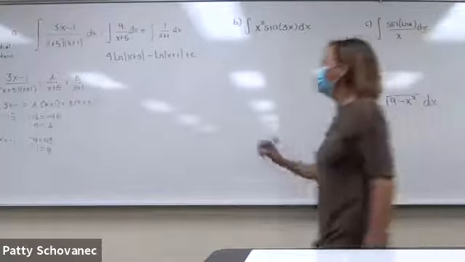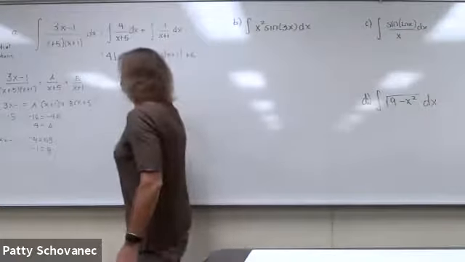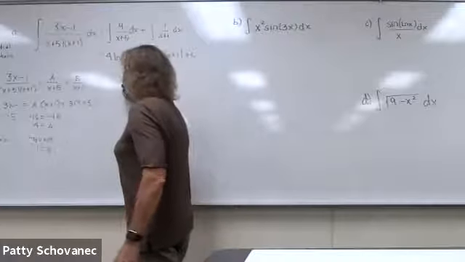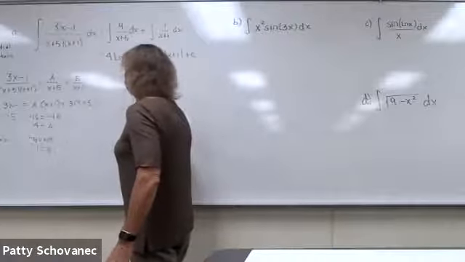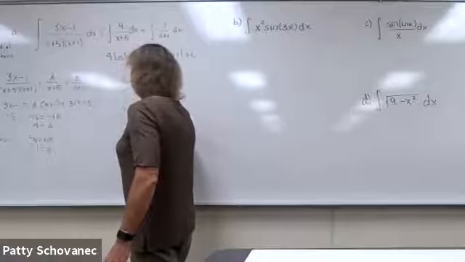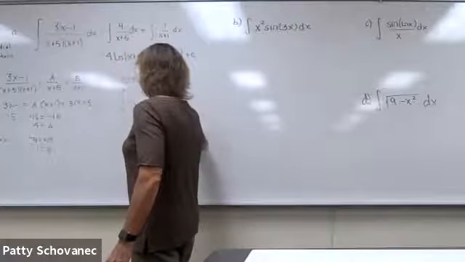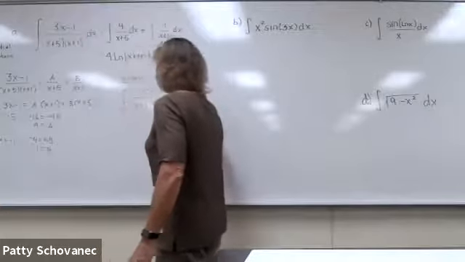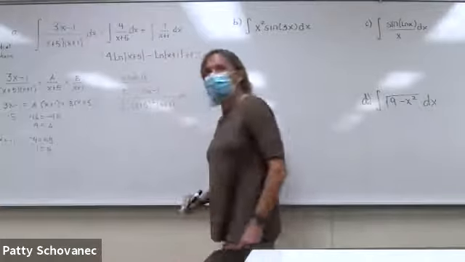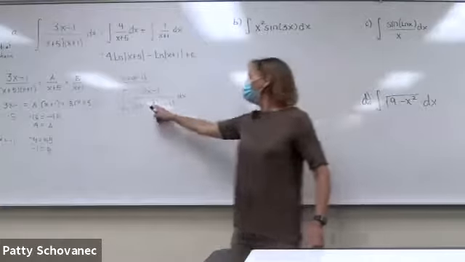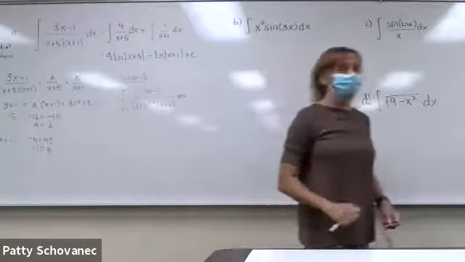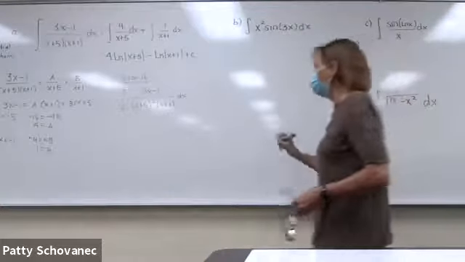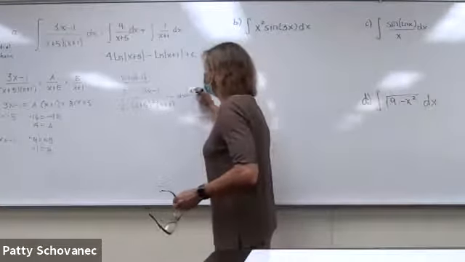So let me ask the what if cases. What if you had the same problem, but maybe the x plus 5 was squared? How do you start? What's the difference between that one and that one? That's right, and the numerators are still constants.